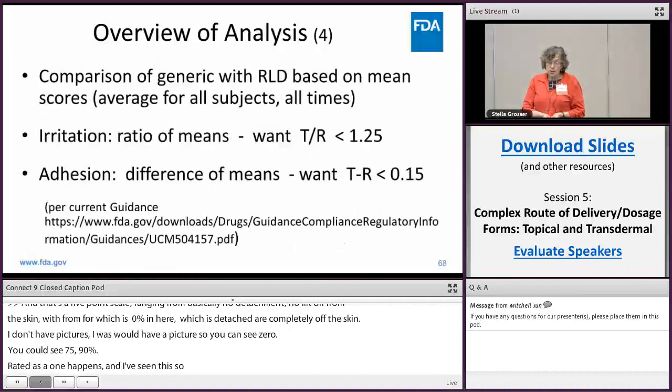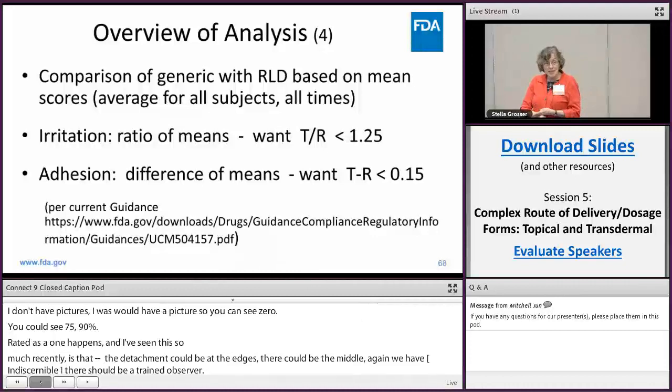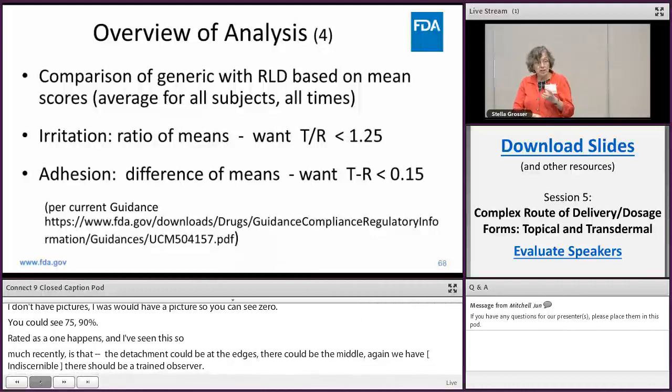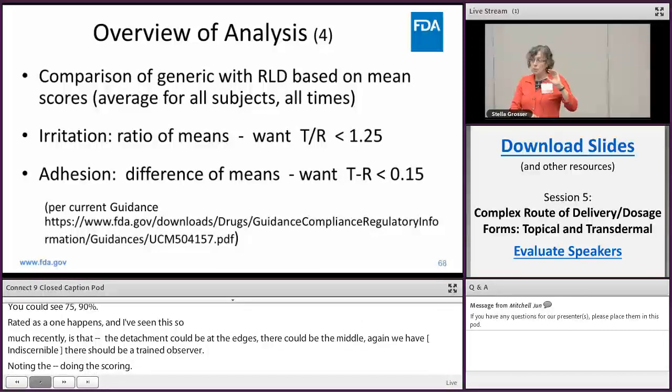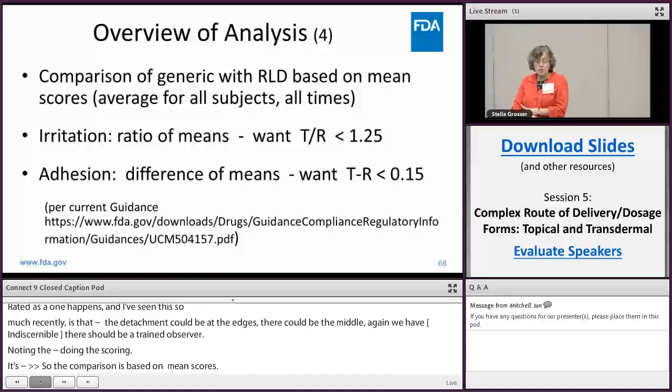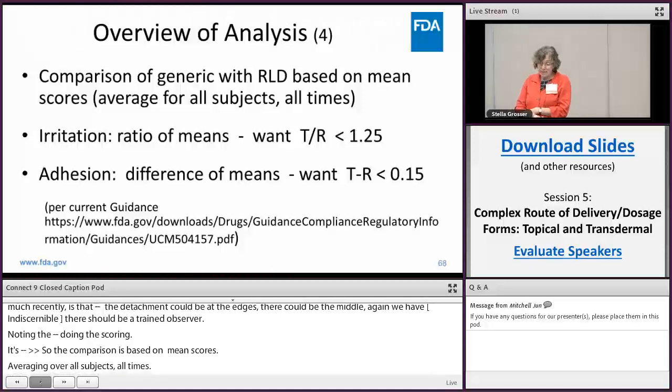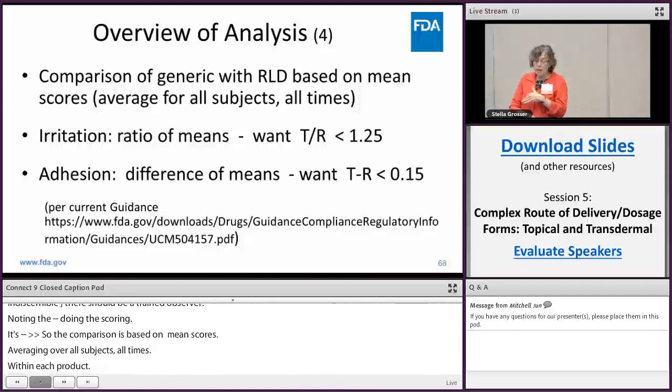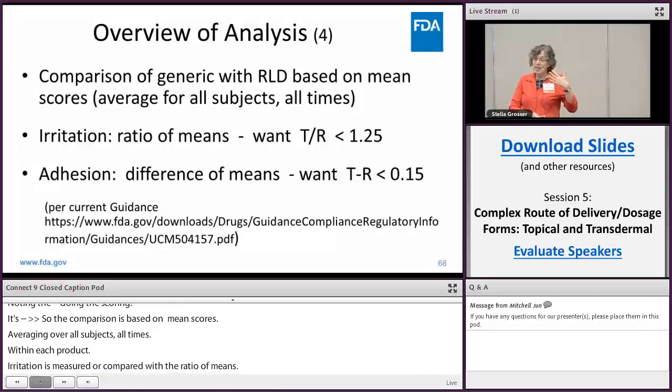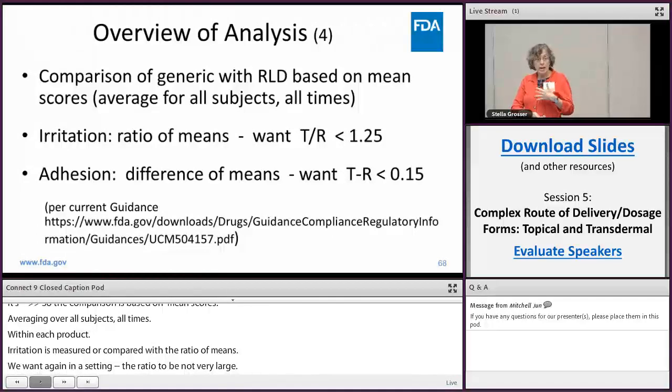So the comparison is based on mean scores, averaging over all subjects, all times within each product. Irritation is measured or compared with a ratio of means. We want, again, in this non-inferiority setting, we want the ratio to be not very large. We don't want the irritation score for the test to be twice as much as the reference.